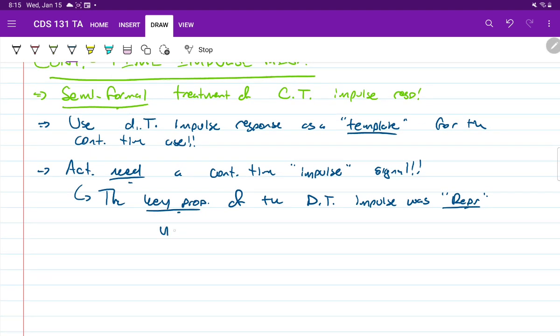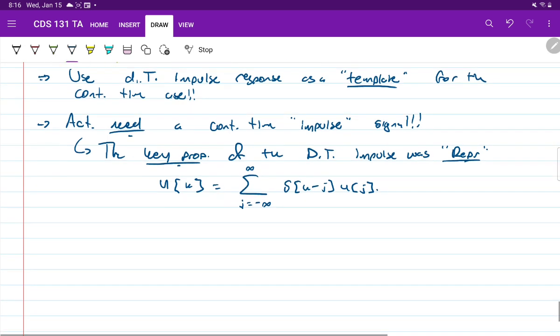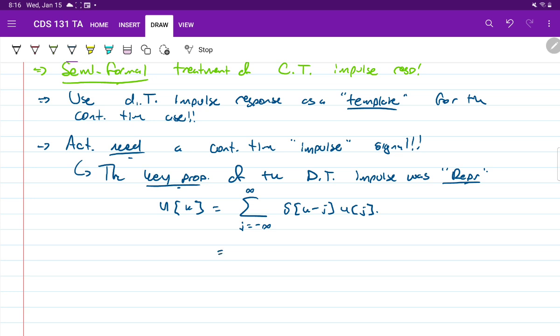So let me write out what this was. We had u at time k equal to this infinite sum, j equals minus infinity up until infinity, of delta k minus j times u of j. This is what we showed above. Well, we know this is equal to the convolution formula, delta star u, of k.